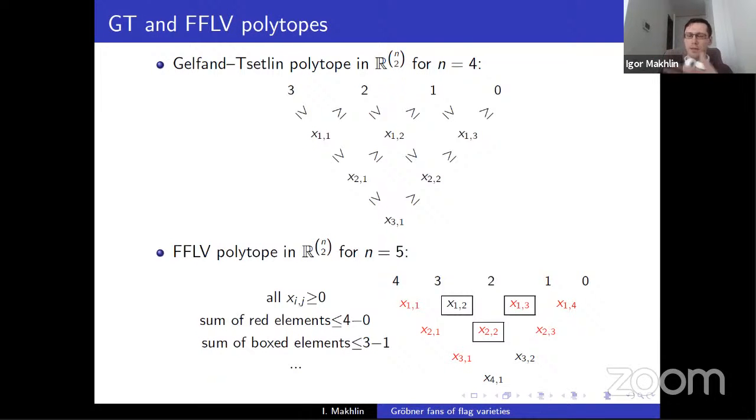So the Gonciulea-Lakshmibai degeneration is the toric variety associated with this particular polytope that you see here, for n equals 4, and this obviously generalizes to larger n.